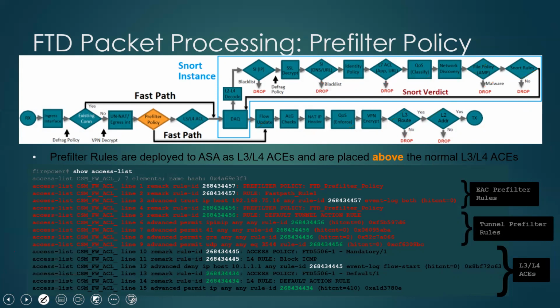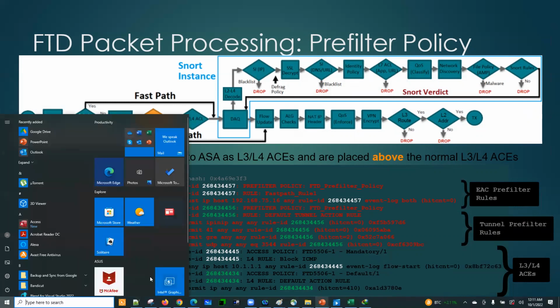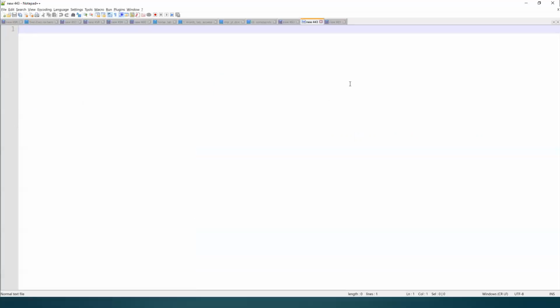Okay. So this is the theory for today's class, but we are going to continue the same journey. It will take maybe 3 to 4 days just to complete the packet flow, and we'll perform the lab task as well. So being said this, let's perform the pre-filter policy lab task.